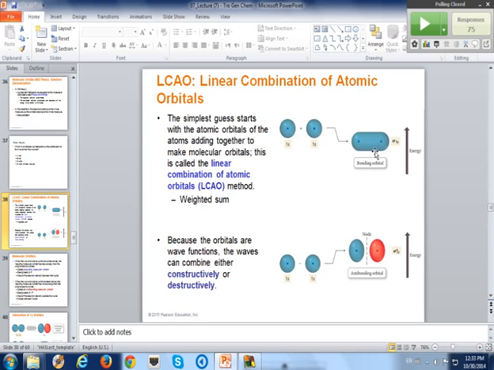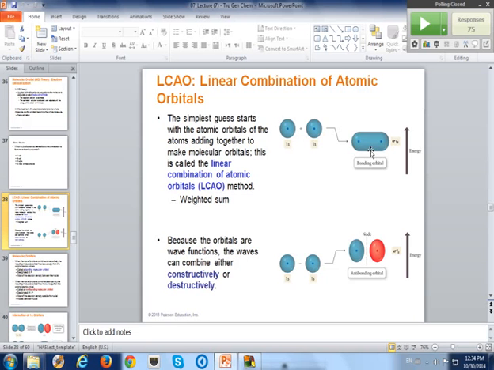Okay. So the bonding nature of this molecular orbital, you may understand based on such constructive interference of those wave functions, and those wave functions reflecting the probability of the electron for those two atoms, right?